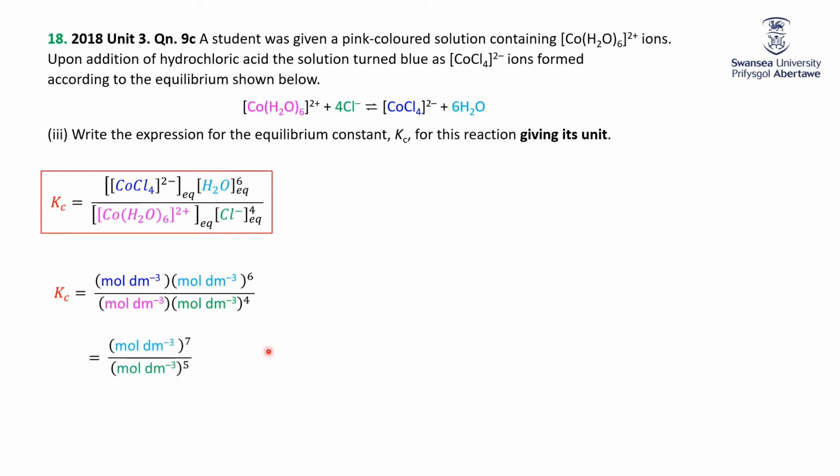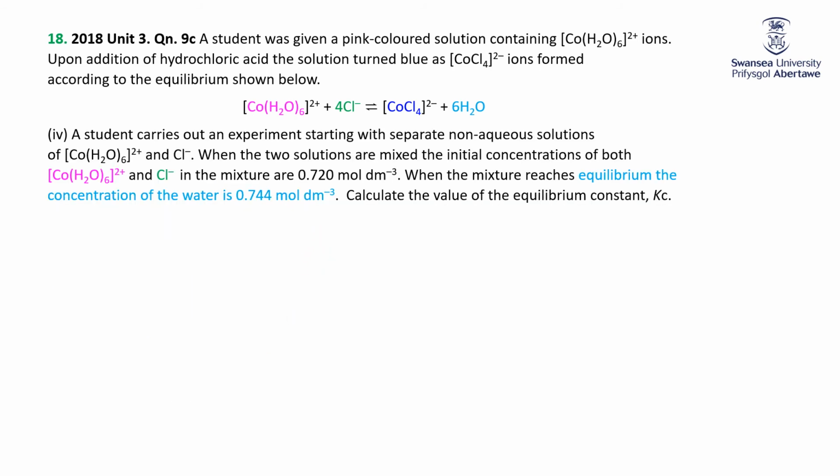Cancel out as appropriate, or multiply and then cancel out, and we get concentration squared, or moles squared per cubic decimeter squared, which is of course mole squared decimeters to the minus 6, like that one.